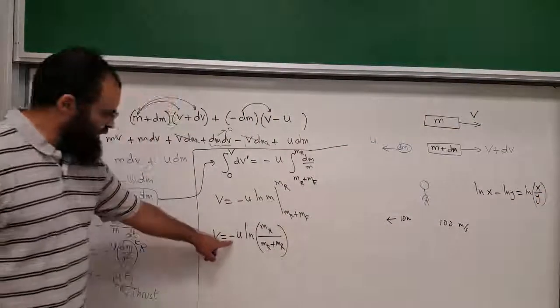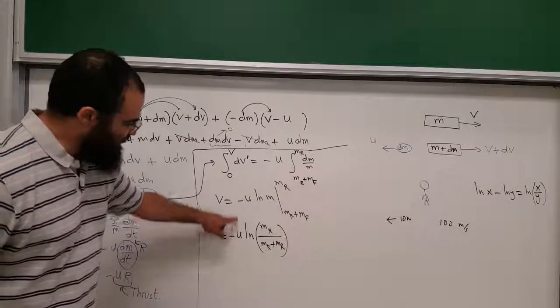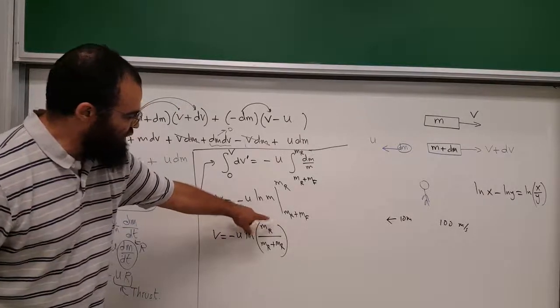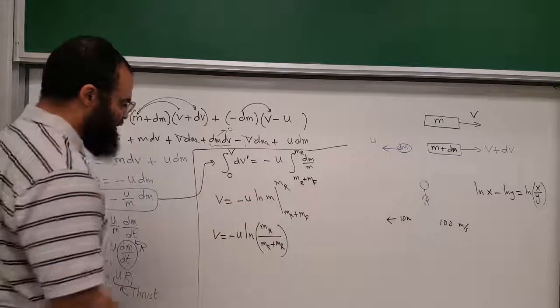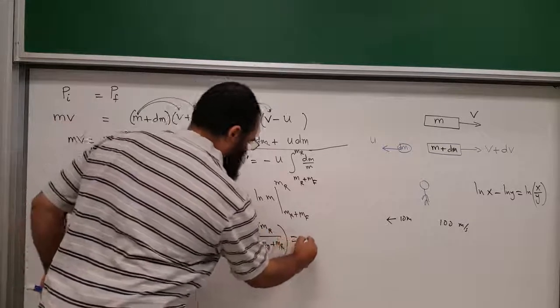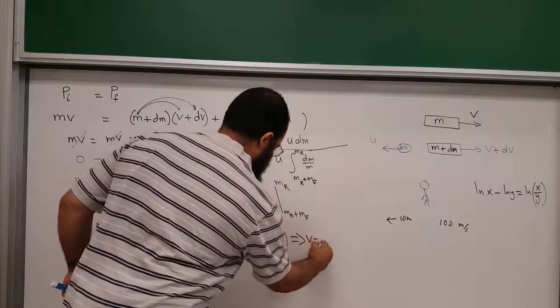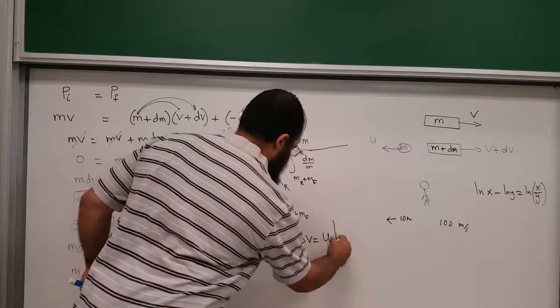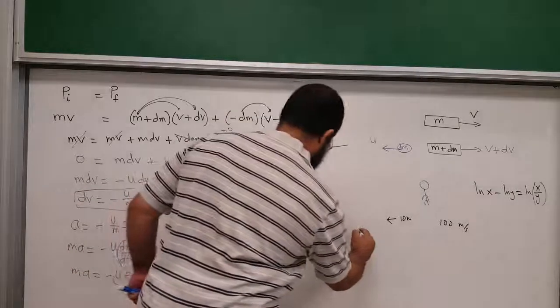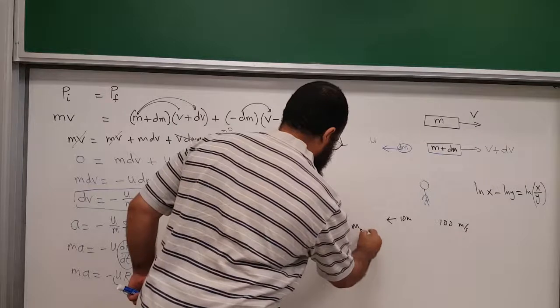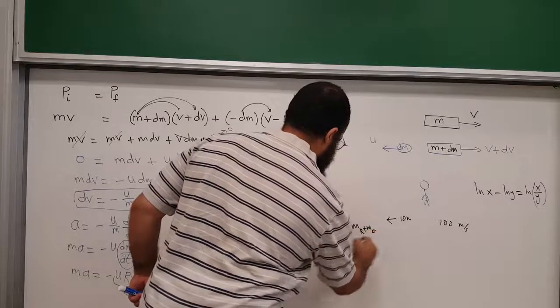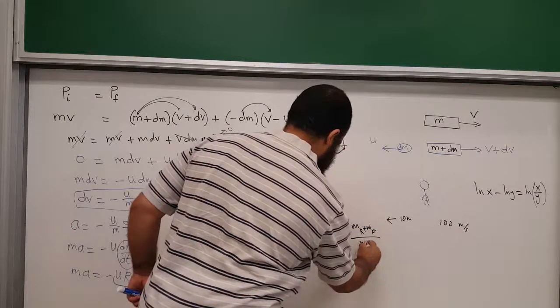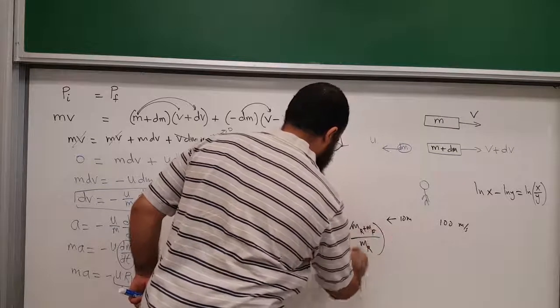And this minus sign, I don't like it, so it will go here and become the exponent, and something to the minus 1 is just the reciprocal. So v will equal u times ln of the mass of the rocket plus the mass of the fuel over the mass of the rocket, like so.